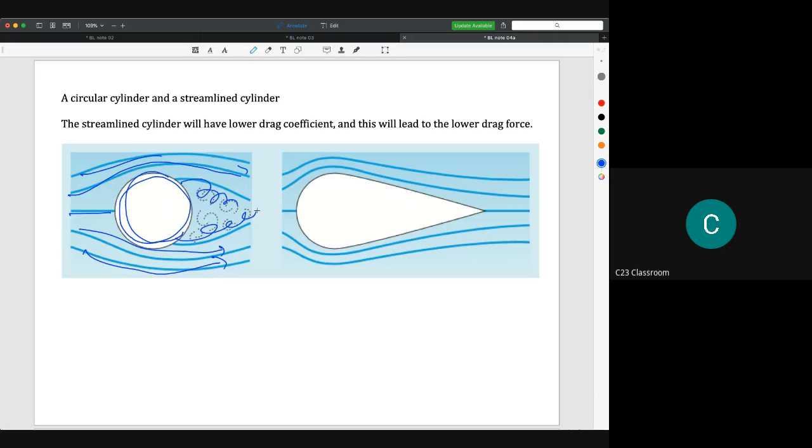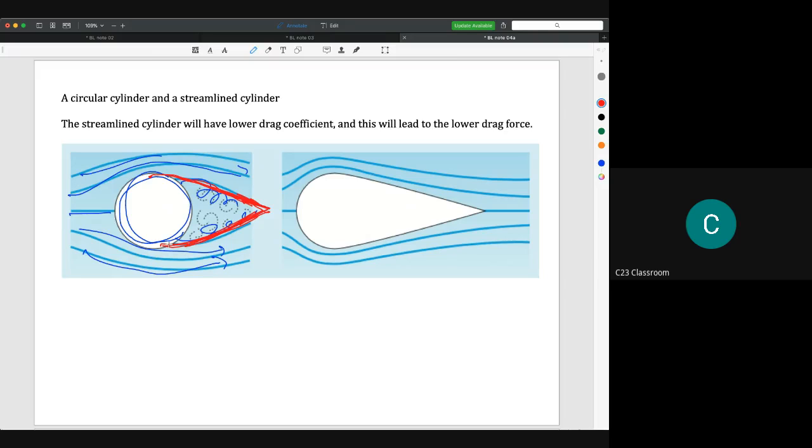So the idea of streamlining is, why not make the object a streamlined shape, to make sure that the vortex is not too big, so that the streamline will smooth the flow. That's why the shape of a car, whatever, is actually based on the idea of preventing the vortex that may increase the possibility of failure.